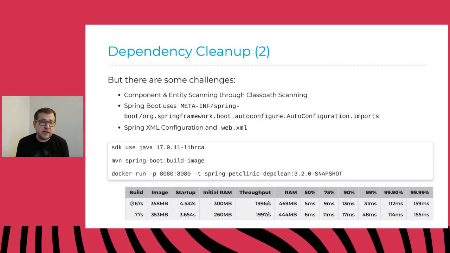So I usually say starters are good to start with, but they are not here to end or finish the development of the application. So that means the dependency cleanup is really necessary. And in my case of the Spring Pet Clinic, I could remove Jackson. I could even remove the WebSocket dependencies of Tomcat, for example, because the application just doesn't use WebSocket at all, right?